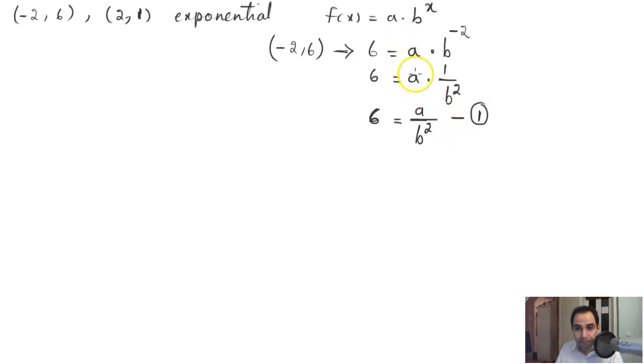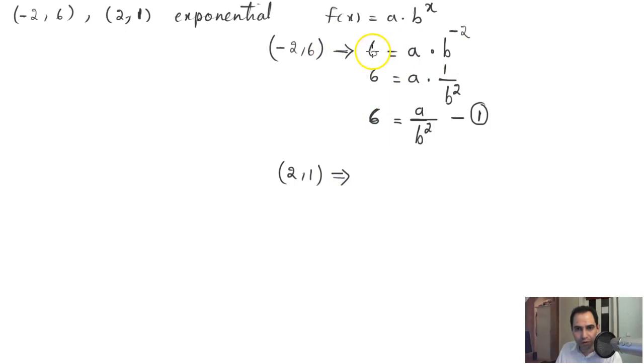And also, since you have this point, 2, 1, you can write another equation like this.